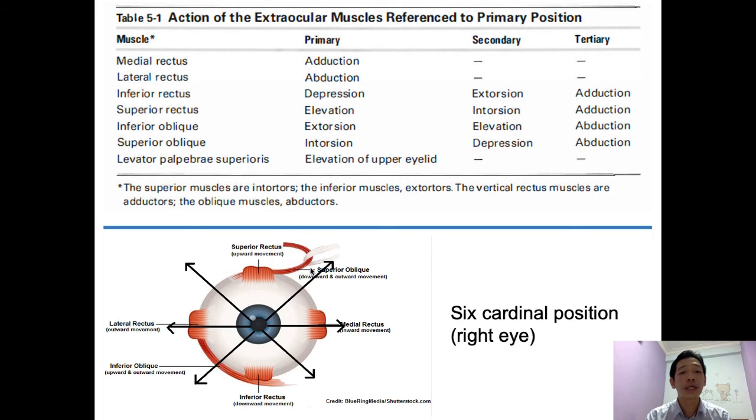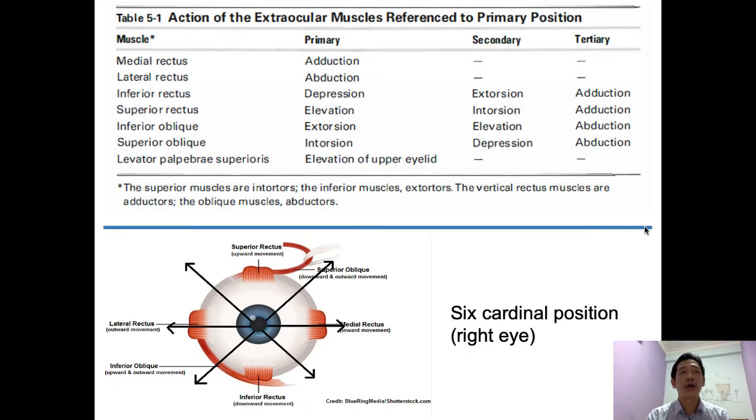Looking this way, your right eye is actually doing adduction and also elevation, right? But when you look at the superior oblique, there is no adduction at all. It's actually doing abduction. So you may be confused. There is no adduction movement in your superior oblique. Why is this cardinal position responsible for your superior oblique?